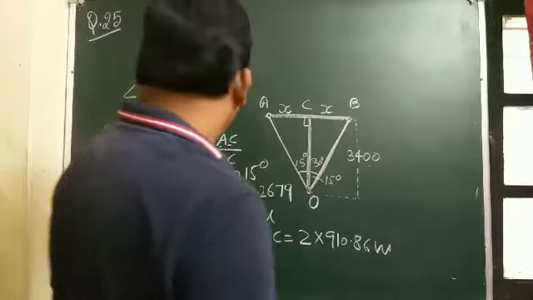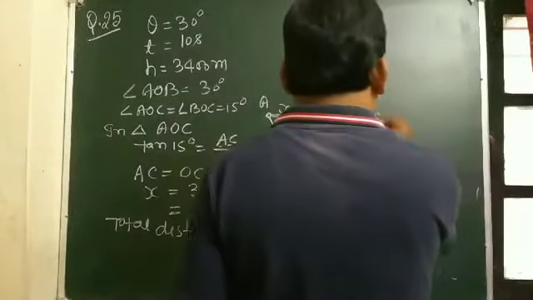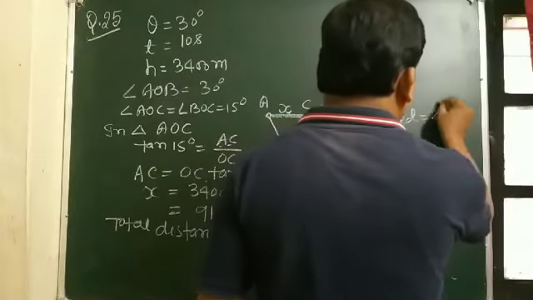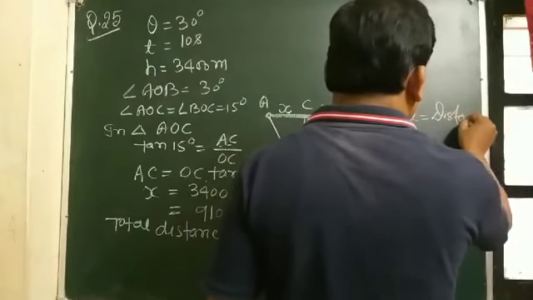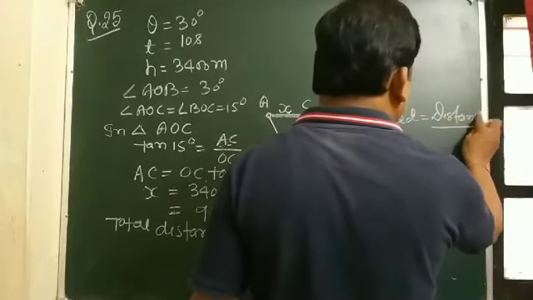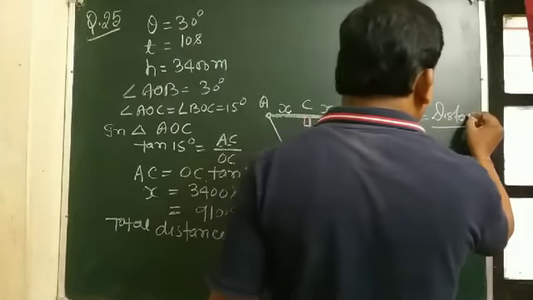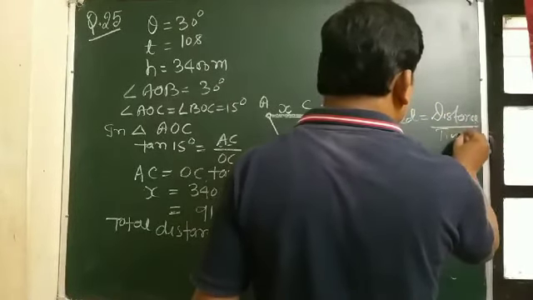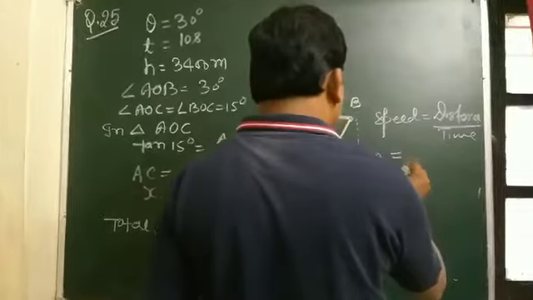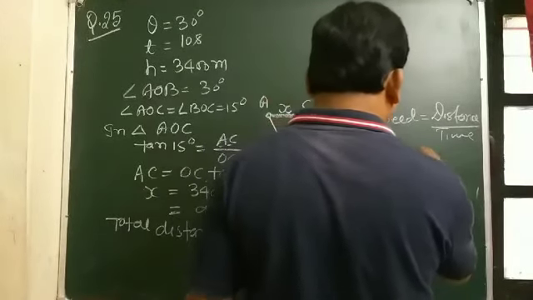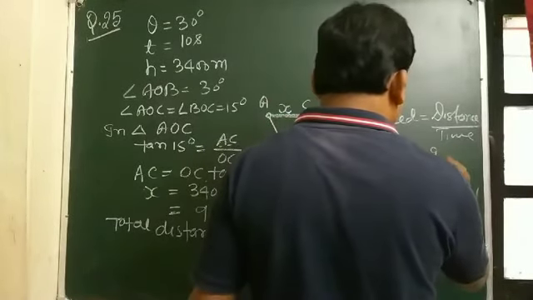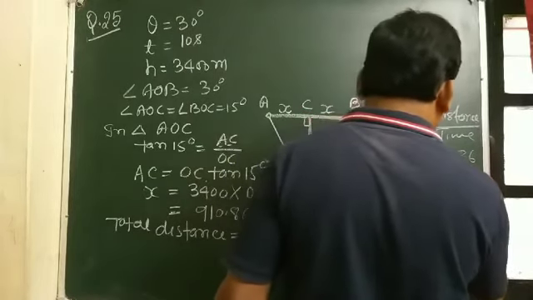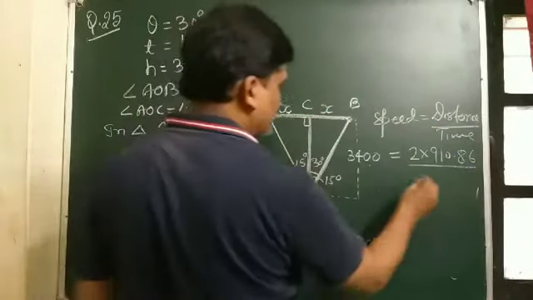So we use the formula: speed equals distance by time. You know that speed is distance by time. Speed of the aircraft can be written as 2 into 910.86 divided by the time, 10 seconds.